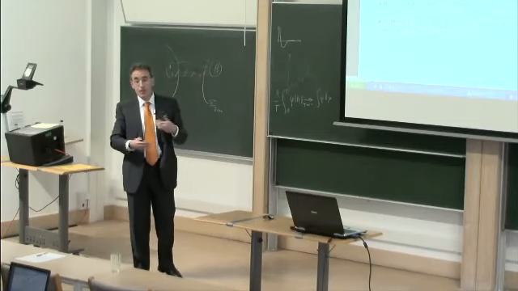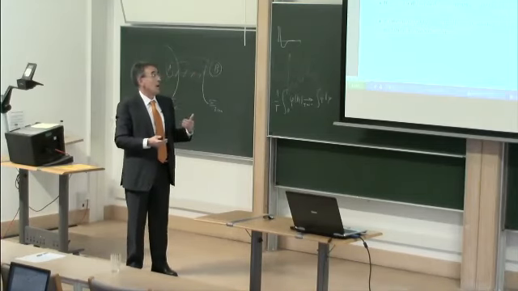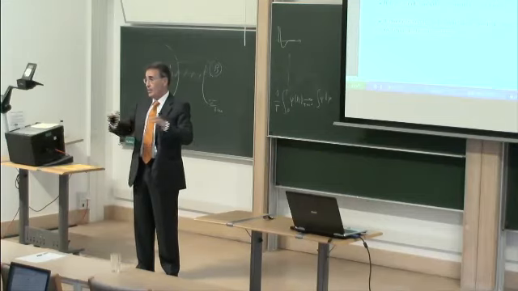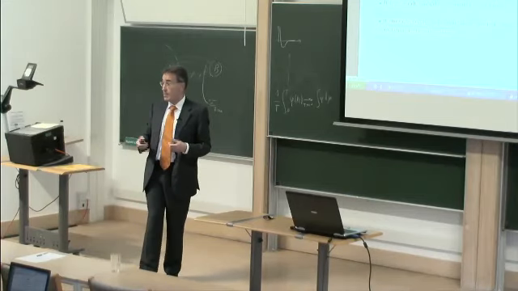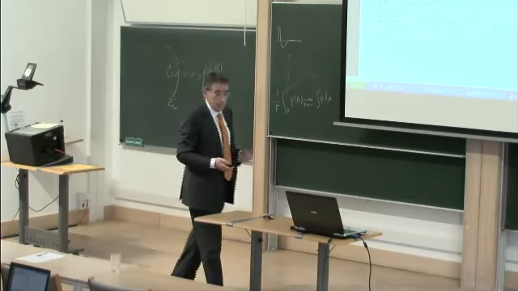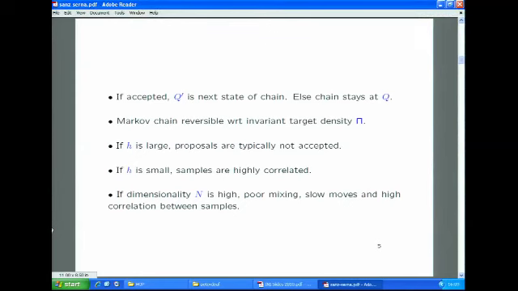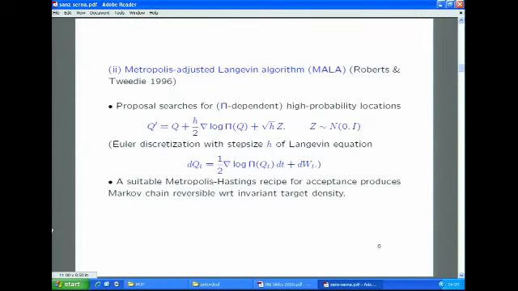And so these difficulties of the random walk become more prominent if the dimension n of the phase space or the state space is high. And this is precisely the situation that we are interested in here.